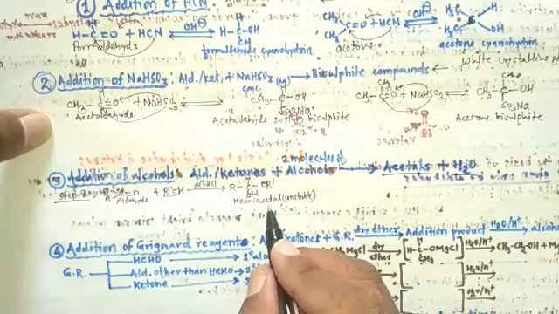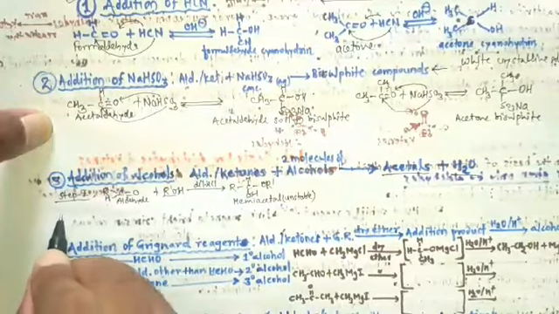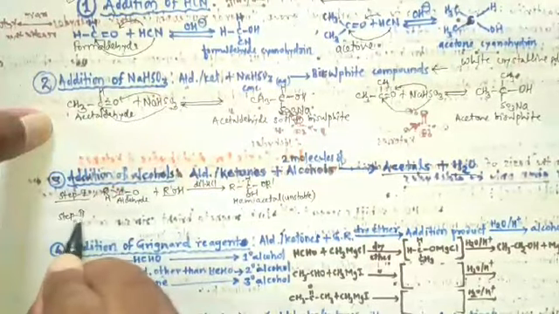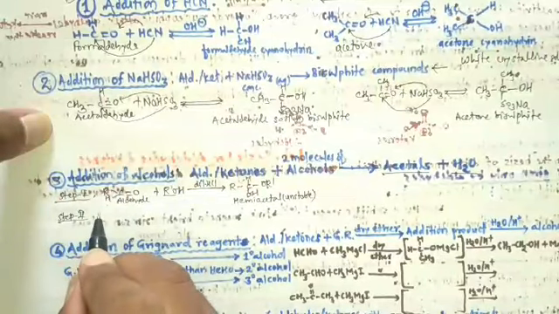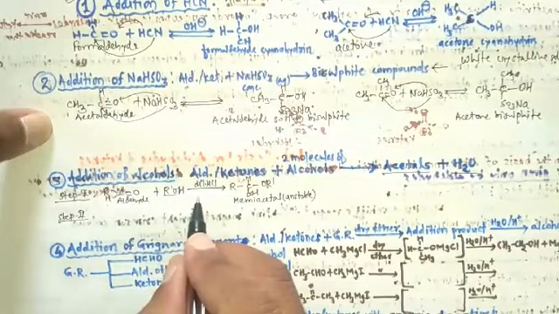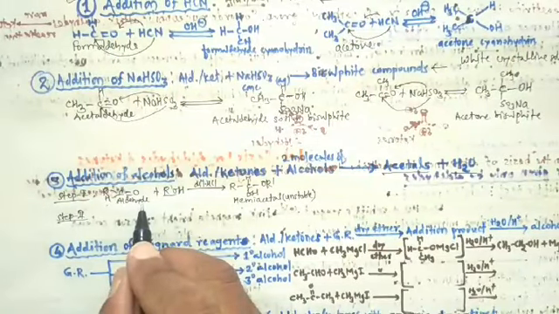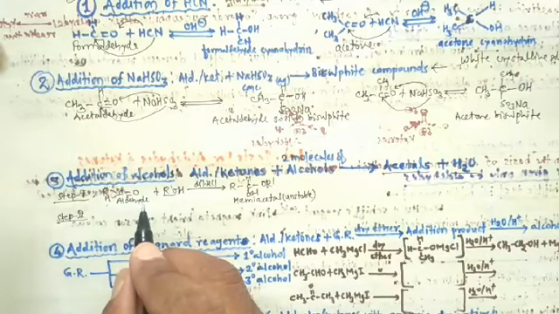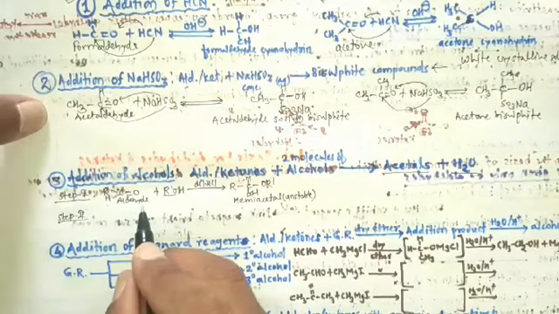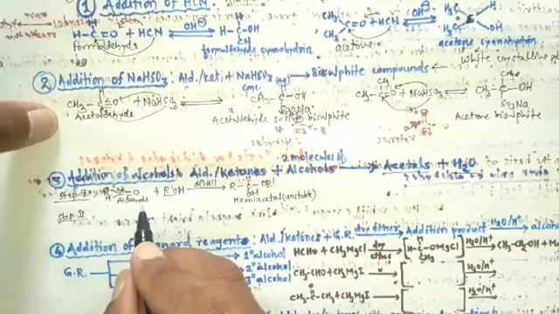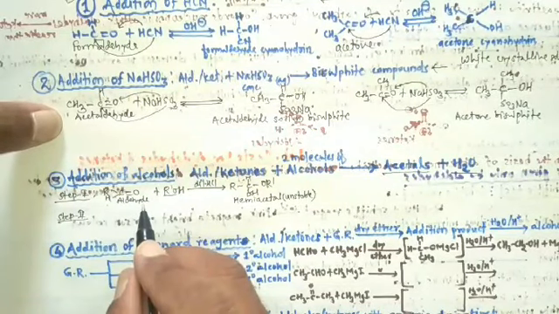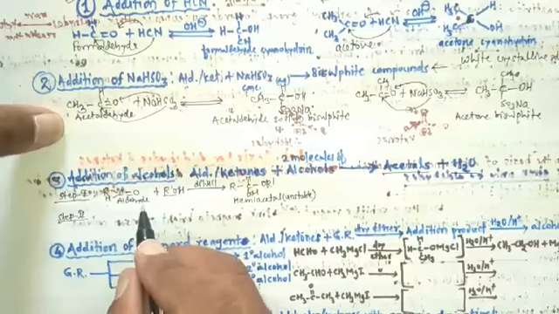In next step, step second, this hemiacetal on further reaction with another molecule of anhydrous monohydric alcohol gives geminal dialkoxy compound, and it is known as acetal.